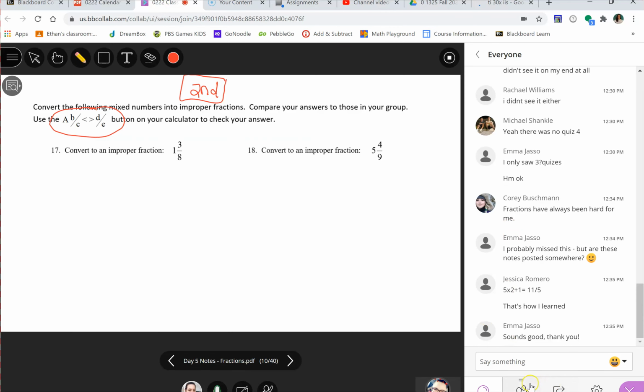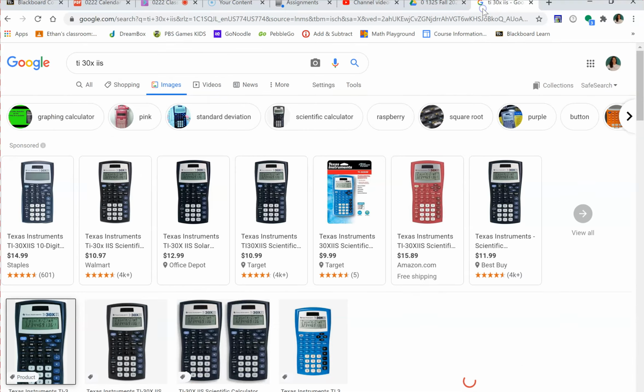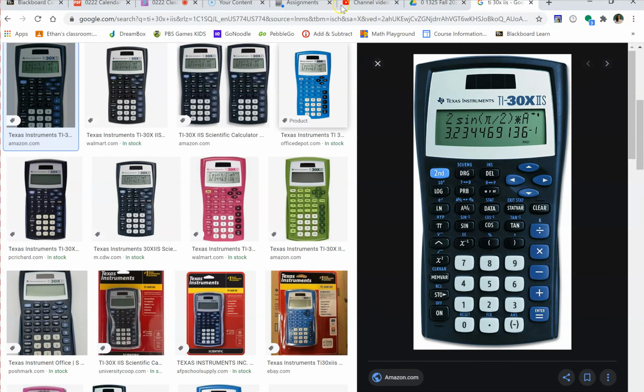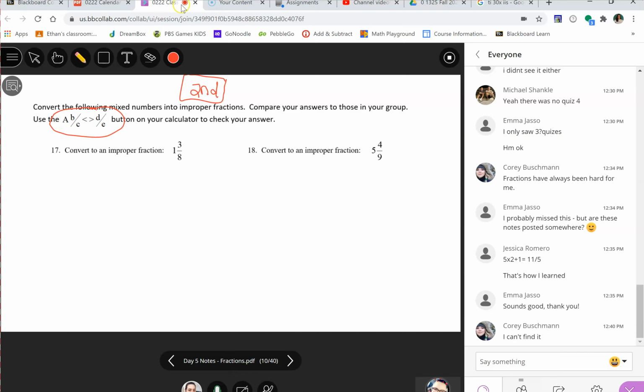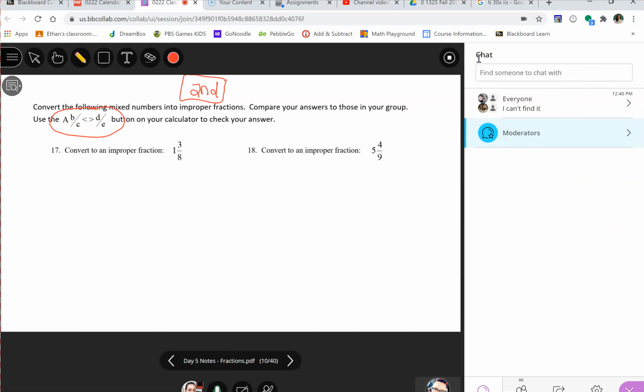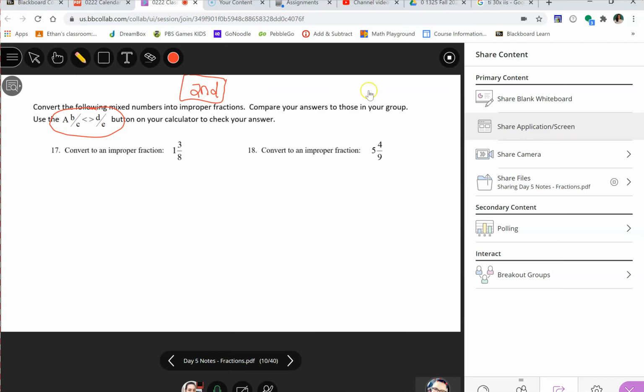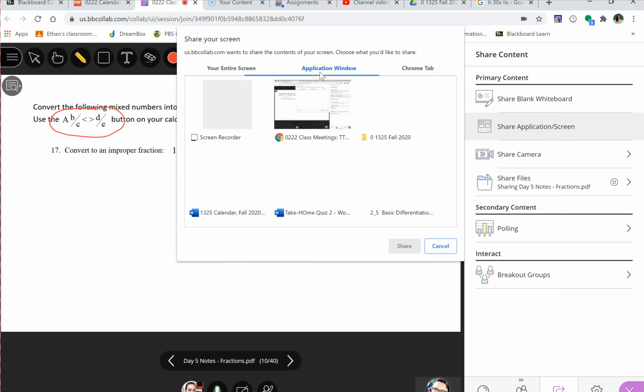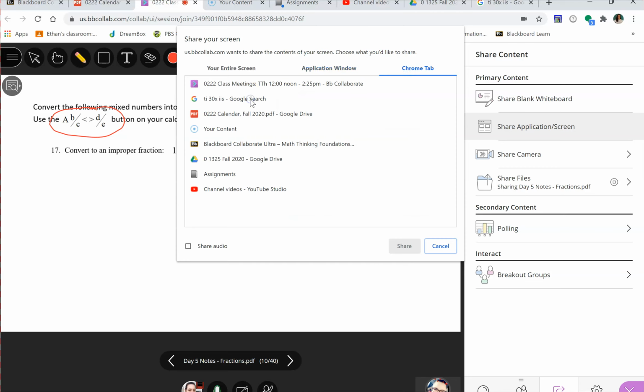If you do, I'll keep doing what I'm doing. Does anyone need help finding the button? Oh man. Okay, so I've never taught this course online, so I don't know. You can't find it? Okay, let me share this. I didn't think about what this looks like online. In class, I would walk around to each individual person and point it out on your calculator. So let me share this screen real quick. Give me one sec. Okay, I think this will do it. Let me see.